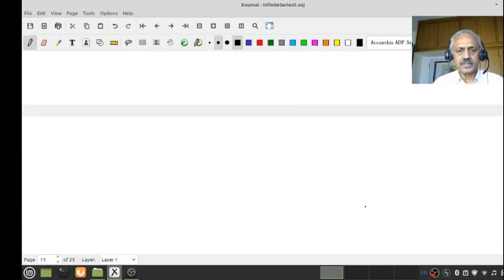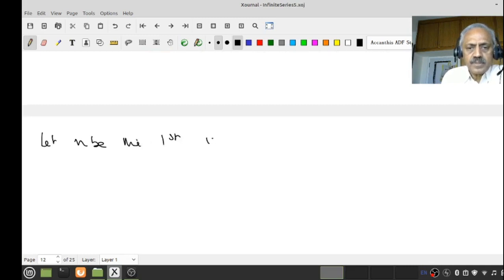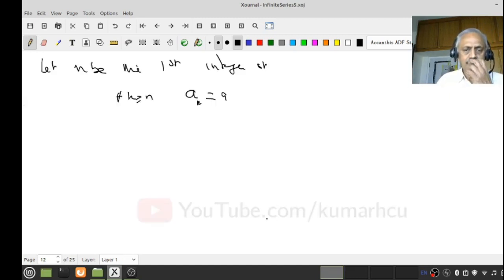Now how do I prove that? So let n be the first integer such that a_k equals 9 for all k greater than n. That is, there exists some integer n so that starting from a_n, every a_k, the kth decimal coefficient, is 9. Now let us see what happens.